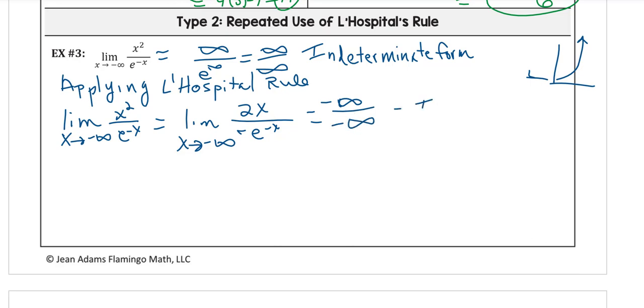It's still indeterminate. So we can do L'Hopital's rule again because both the functions are differentiable. So applying L'Hopital's rule again.